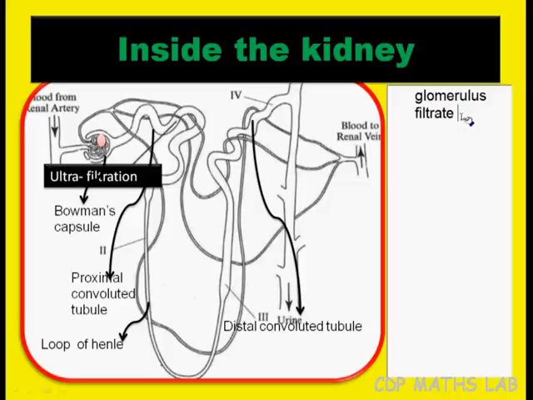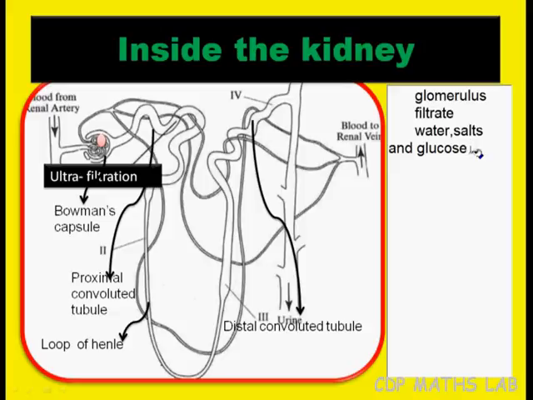Our filtrate contains waste and useful substances such as water, salts, and glucose and other substances. So therefore, this pink object is our filtrate, which consists of water, salts, and what? Glucose.